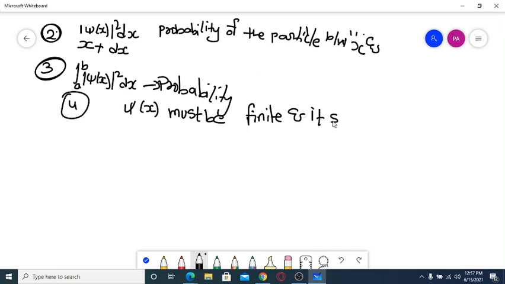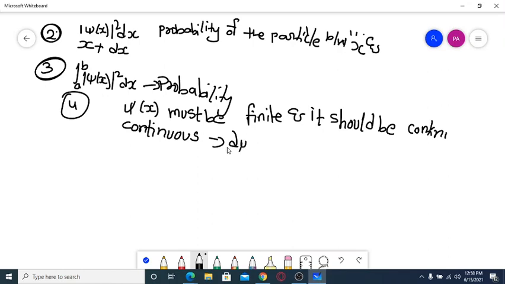This important property is given by the wave function. There may be limitations also. And the first order derivative, dou psi by dou x, should also be derivable, and it should also have a finite value. These are the important properties of the wave function.